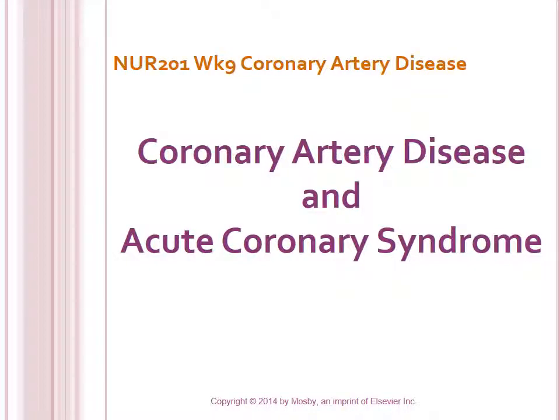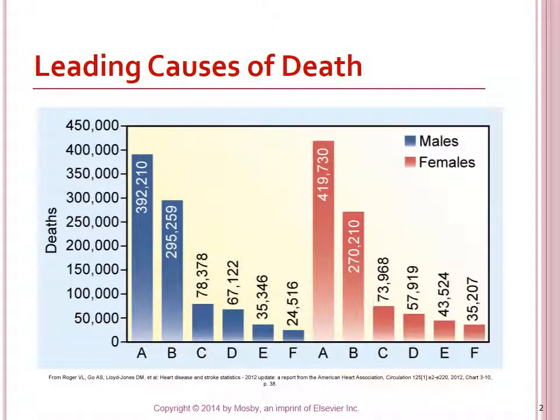Okay, so we're going to start with coronary artery disease and acute coronary syndrome. Coronary artery disease, or CAD, is the most common type of cardiovascular disease and accounts for the majority of these deaths.